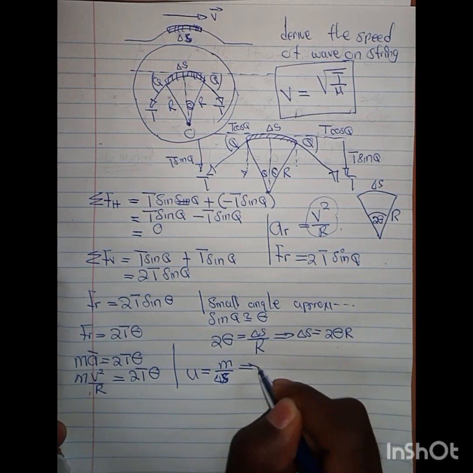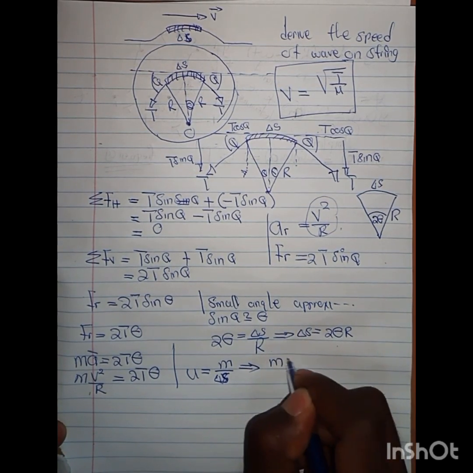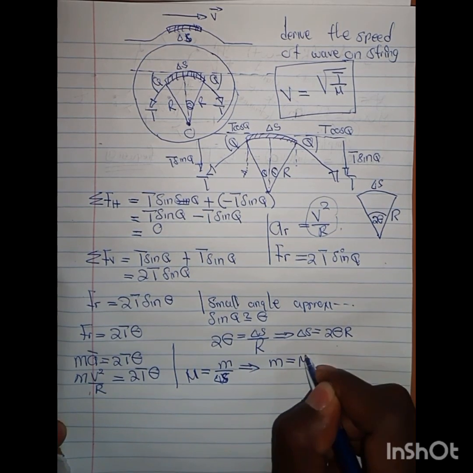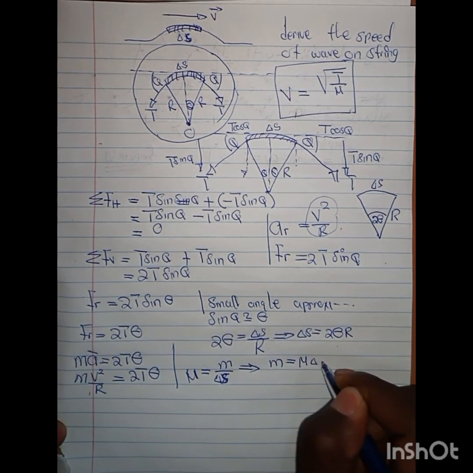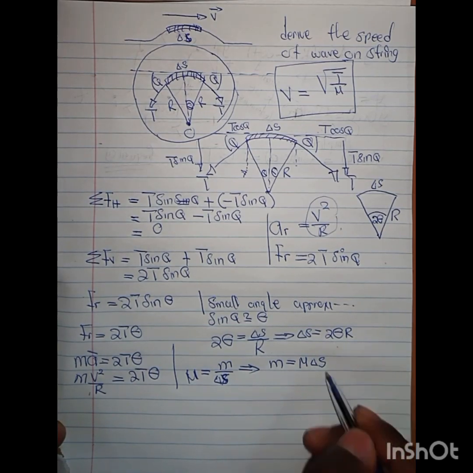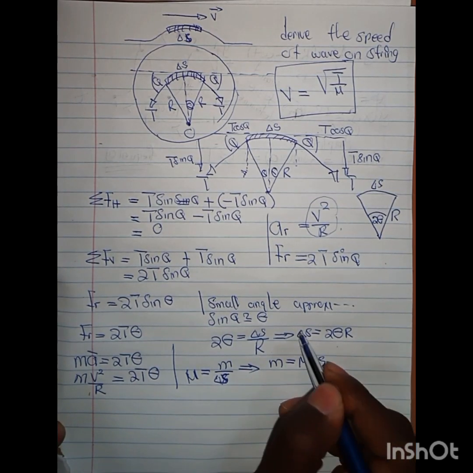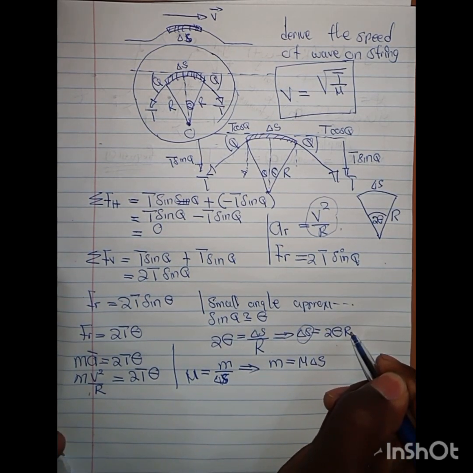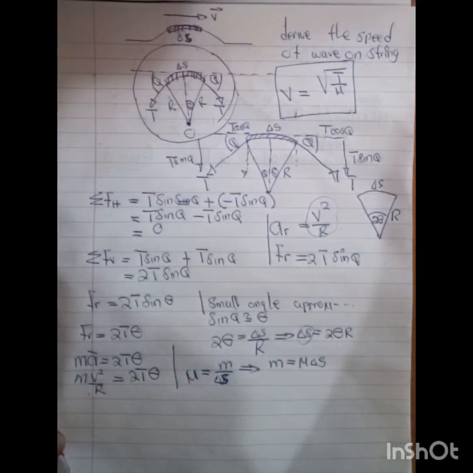Which implies that the mass of this object will be found by multiplying mu and the length ds. Checking that ds is given by 2 theta multiplied by r, we can substitute 2 theta r in place of ds.